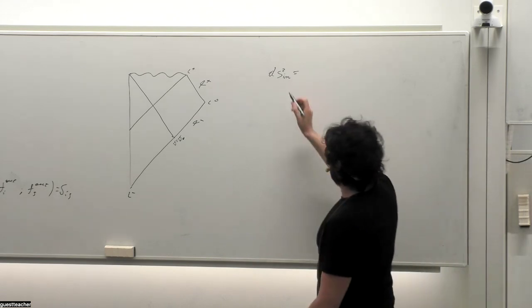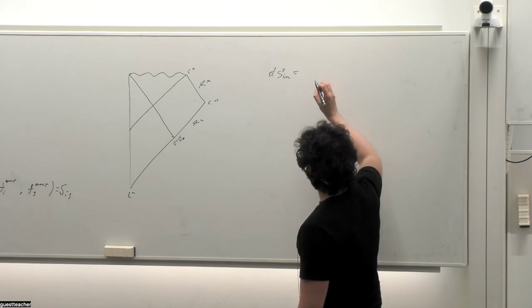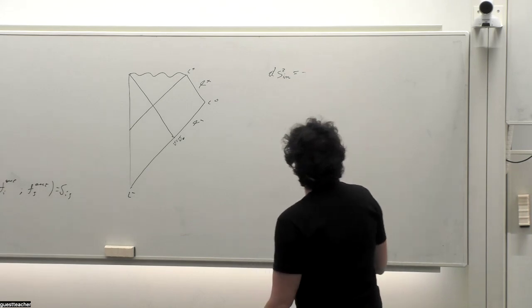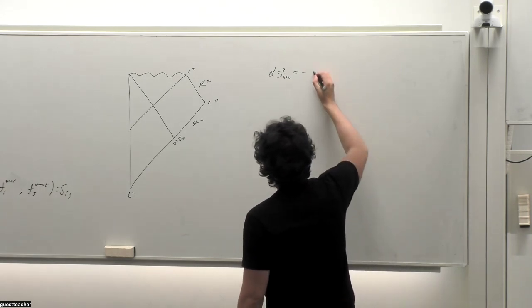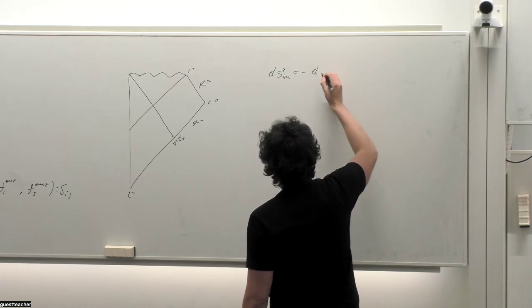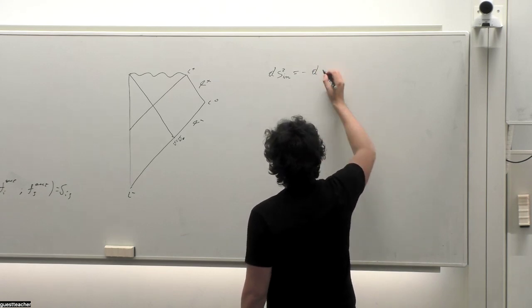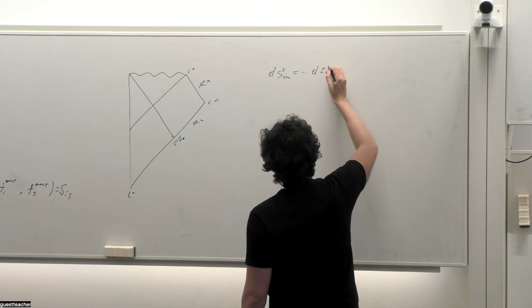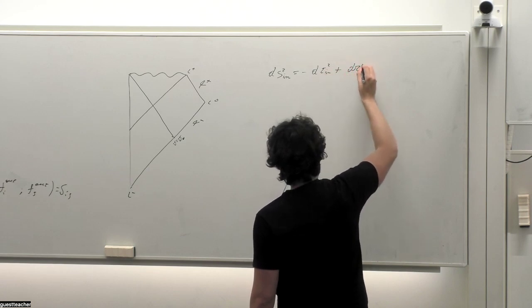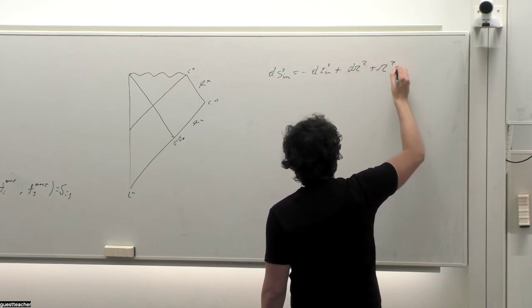So the geometry, the line element in the in region is equal to minus dt_in squared plus dr squared plus r squared d omega squared.